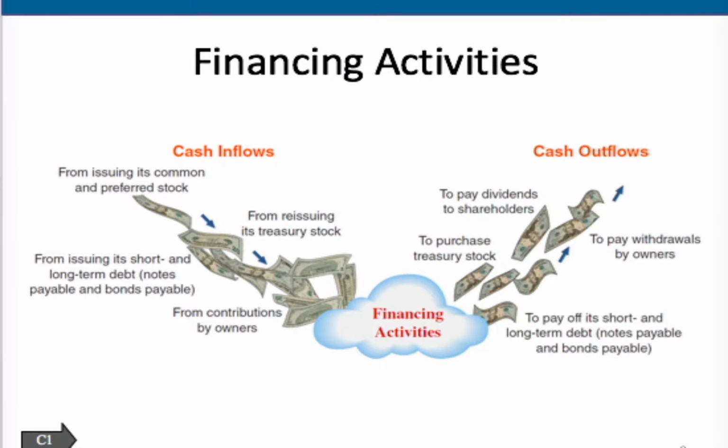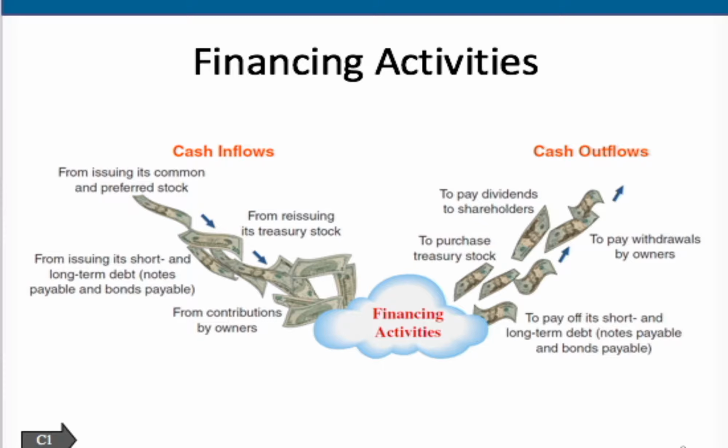Financing activities include those transactions and events that affect long-term liabilities and equity. Examples include obtaining cash from issuing debt and repaying the amounts borrowed, and receiving cash from or distributing cash to owners. These activities involve transactions with the company's owners and creditors.